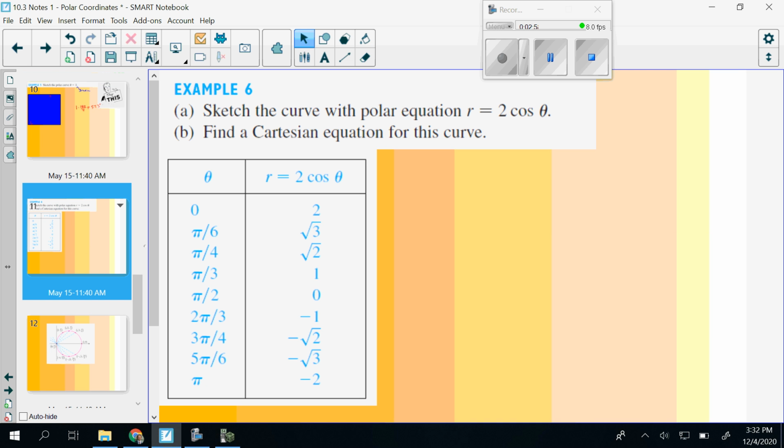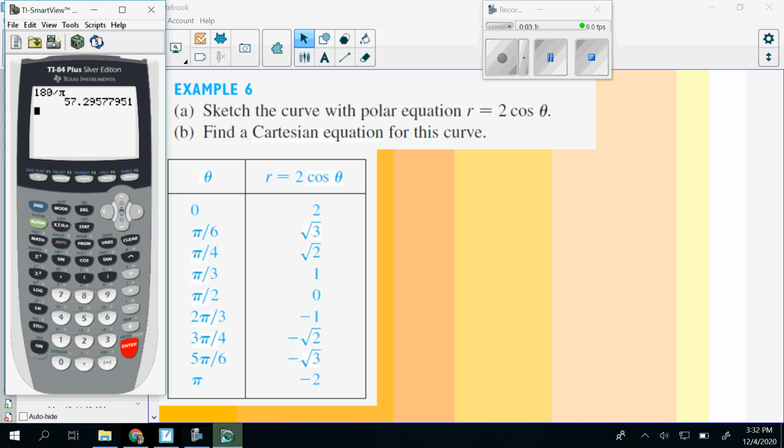All right, the next one, they want us to sketch the curve with the polar equation r equals 2 cosine theta. So let's, again, graph this one out. We can go on our calculators here and do this. So we're going to go to our y equals here. We're going to type in 2 cosine theta, and this is why you need to be in radian mode here.